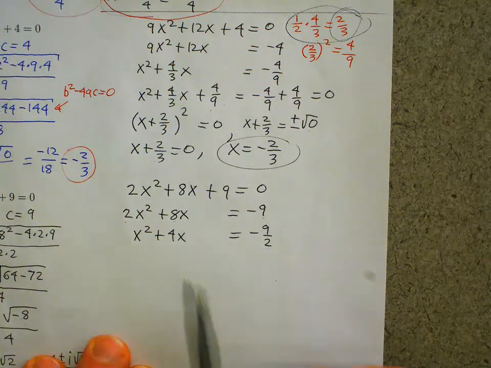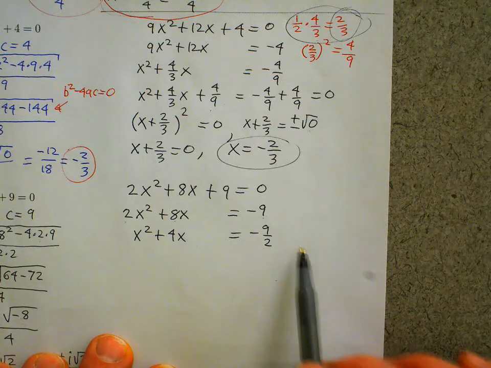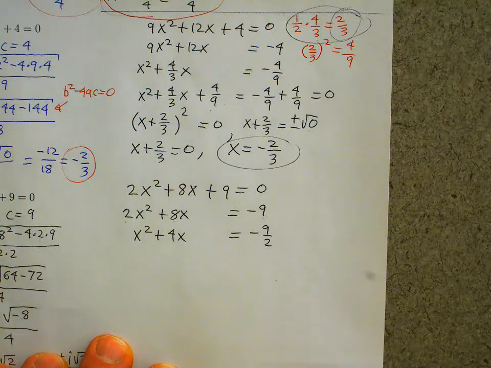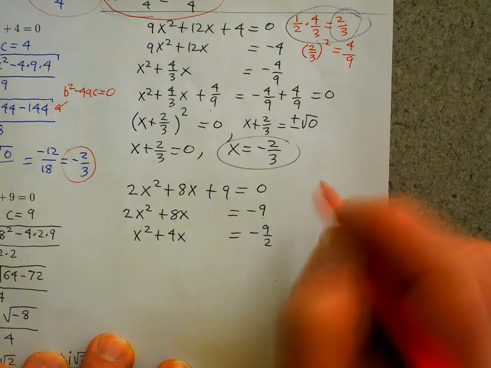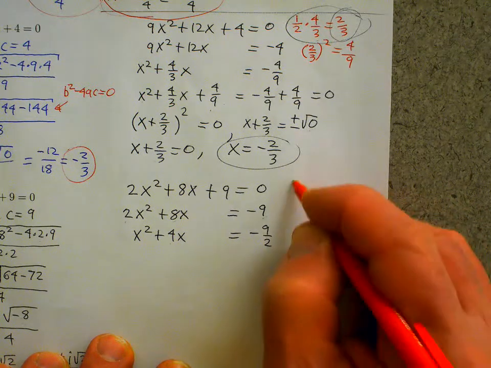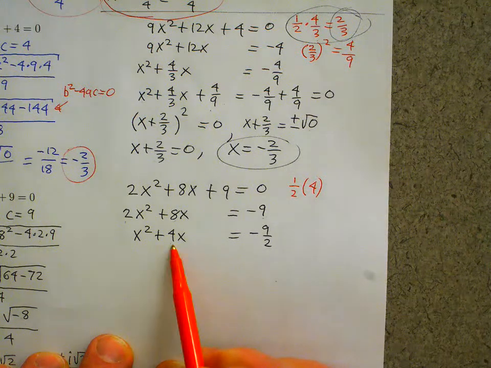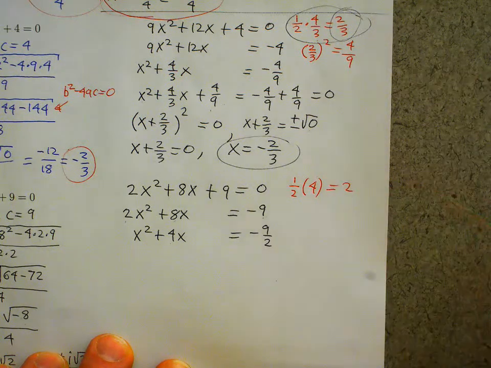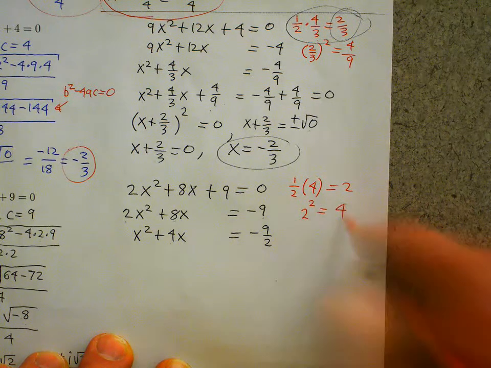And now we complete the square. So we're going to add a number to both sides. First we take 1/2 of the coefficient of x. So 1/2 of 4 is 2. Then we square that number. 2 squared is 4.